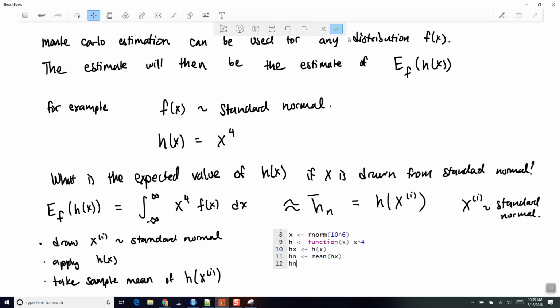And then if we wanted to, estimate the variance, all we have to do is we just take the variance of these values, hn, also.